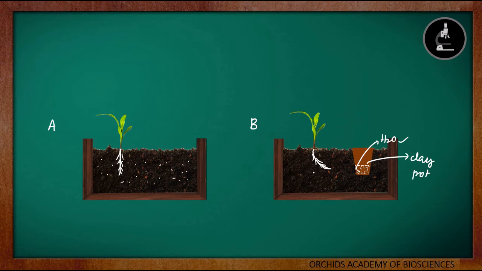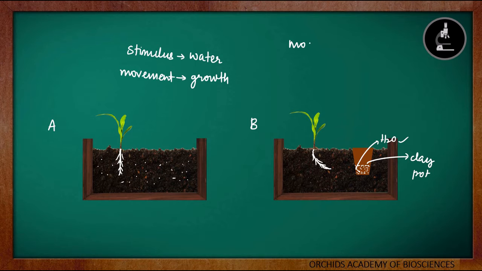So there will be a directional growth towards wherever the water is. So again here if we see, the stimulus is water, whereas the movement is in terms of growth of the root. So with this we can come to a conclusion that there are various stimuli for the plants, and there are even various types of movement.